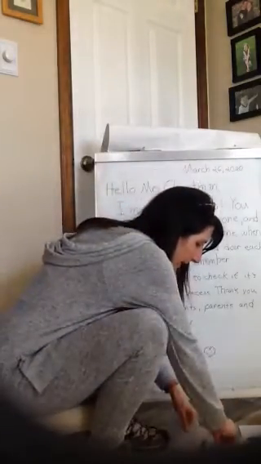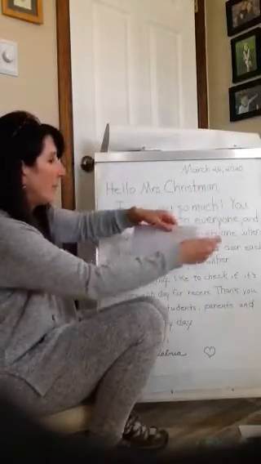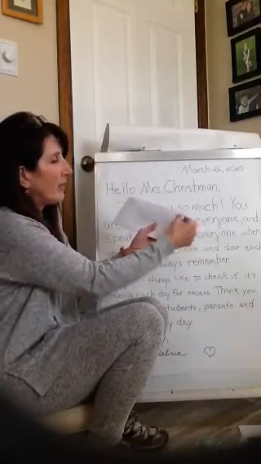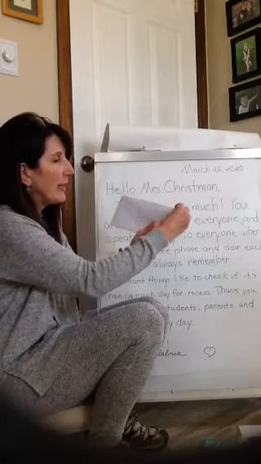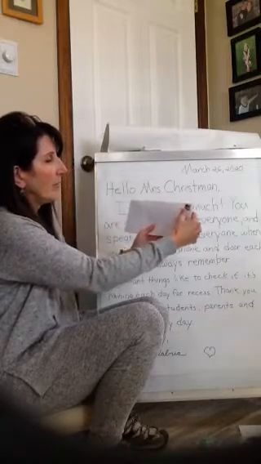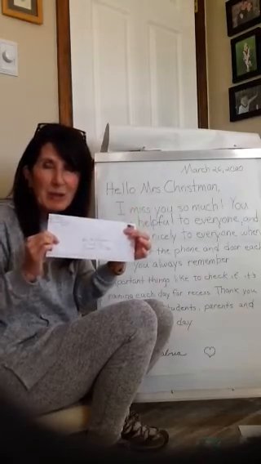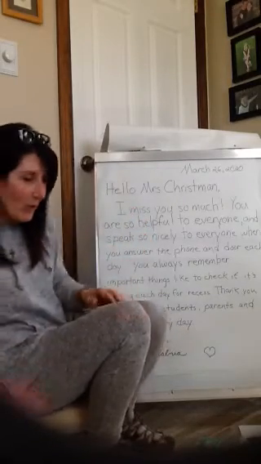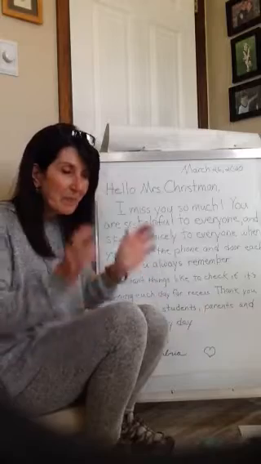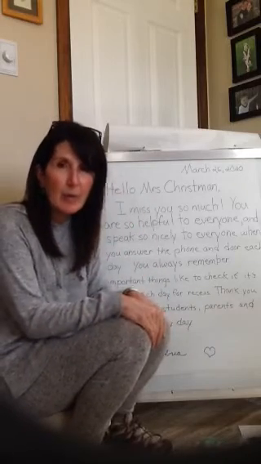And I have a stamp that I'm going to put. And our stamp goes in the right-hand corner. So there's my stamp. So now my letter is all ready to mail to Mrs. Chrisman. I'm so excited.